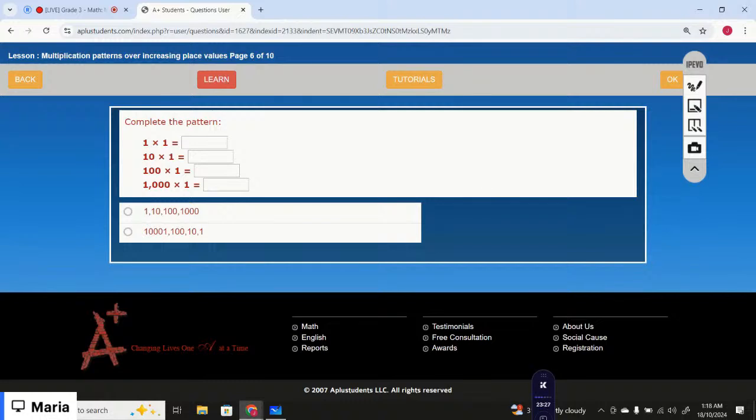Complete the pattern. 1 times 1, 10 times 1, 100 times 1, and 1000 times 1.